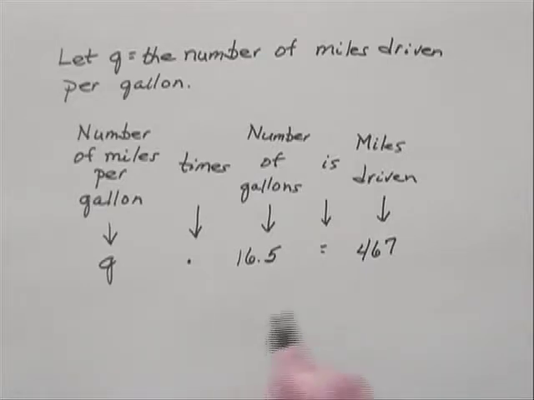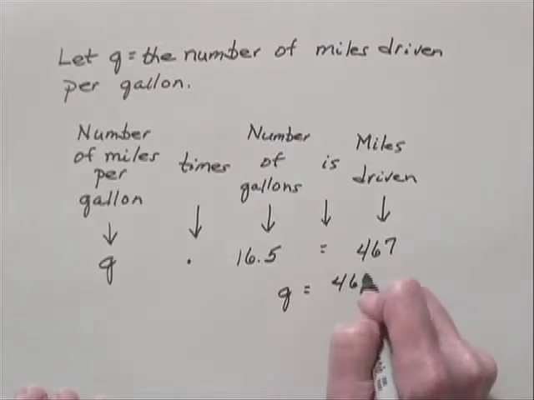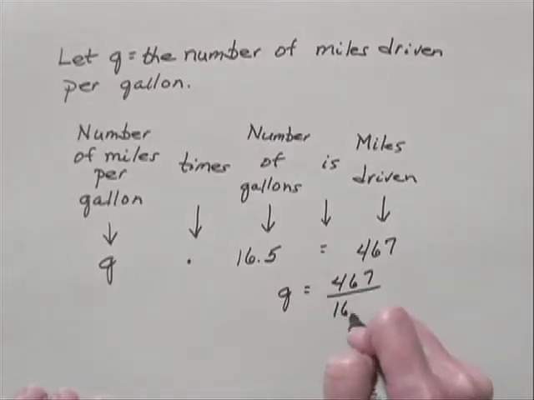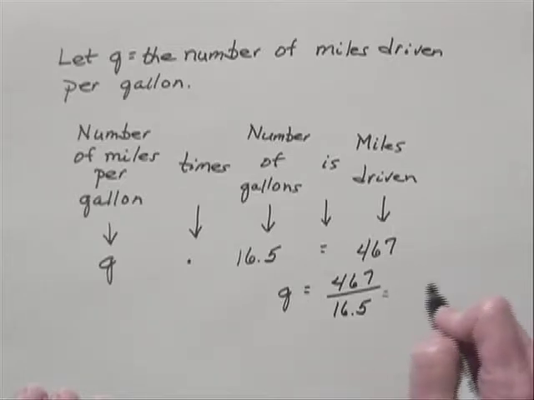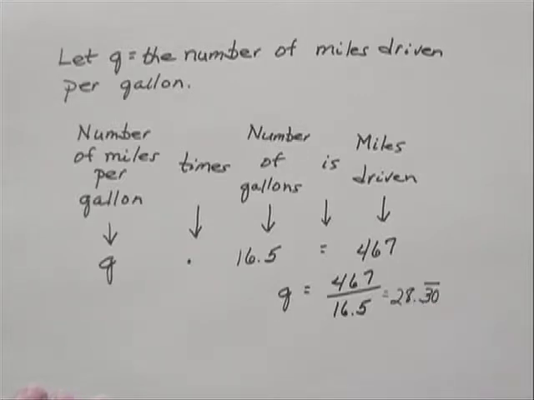We can divide both sides of this equation by 16.5 to find G. So G is equal to 467 divided by 16.5, and when we do that division, we get 28.30, where the 30 is a repeating decimal part of that number. And we were asked to round to the nearest tenth, so we would say that G is approximately equal to 28.3.